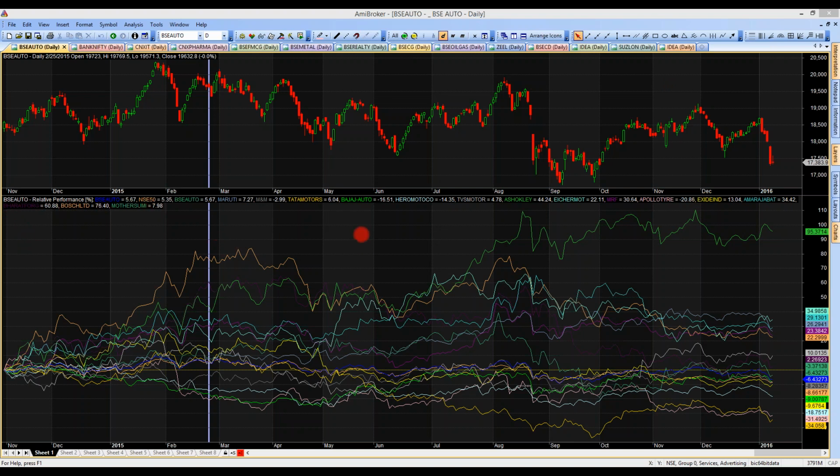I have kept only the stocks which are in the index here. The other reason I've limited it to these stocks is because most of us are probably interested in derivatives, and these are the ones which are also in the derivatives list. As you can see, a lot of auto ancillary stocks are not in this, but you could add them if you want, or you could create a separate chart which has only those stocks, or some other combination, whatever you like.